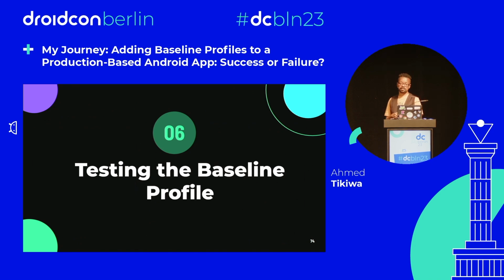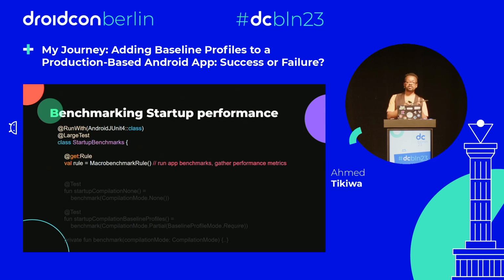Then, testing the baseline profile. To benchmark whether the baseline profile was indeed an improvement or not, success or failure, we can test this inside the pre-generated test class for benchmarking the startup performance. The class uses a macro benchmark rule, which is used to run the app benchmarks and then gather the required performance metrics.